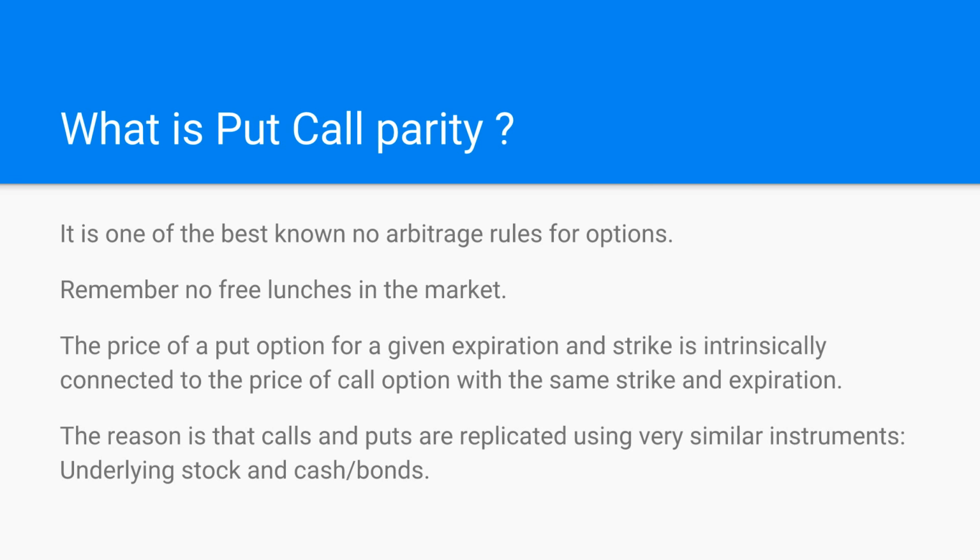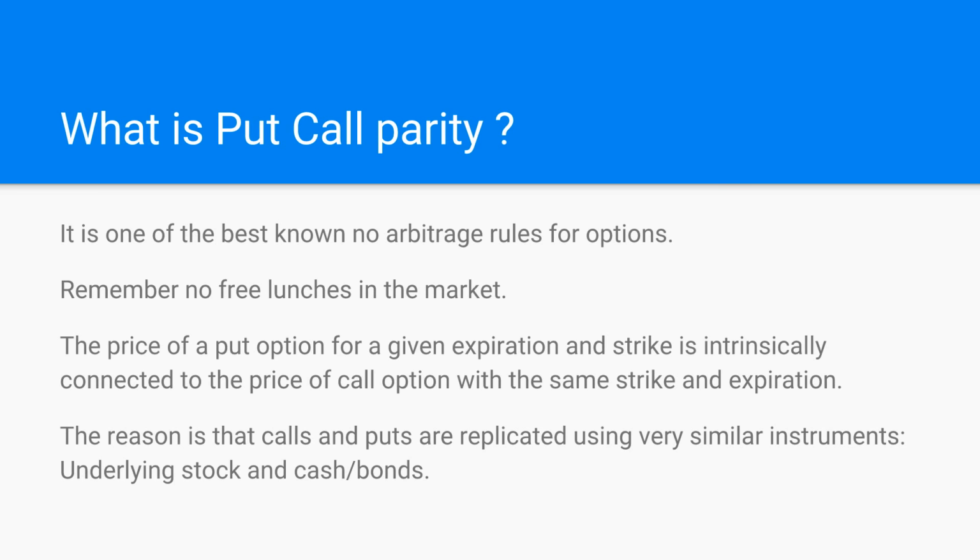Just for the fact that they have the same strike and the same expiration means that call and that put are connected. Therefore, the prices of those two cannot deviate from a theoretical framework. That's put-call parity. If the price of the put goes up, the price of the call has to match it. And if you discover a violation of that relationship, that would be a free lunch, and it should not happen.